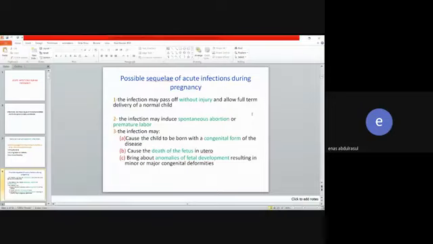In general, what are the possible sequelae of acute infections? That is to say, what are the possible consequences of acute infections during pregnancy? Here we can categorize the sequelae into one of the following categories.